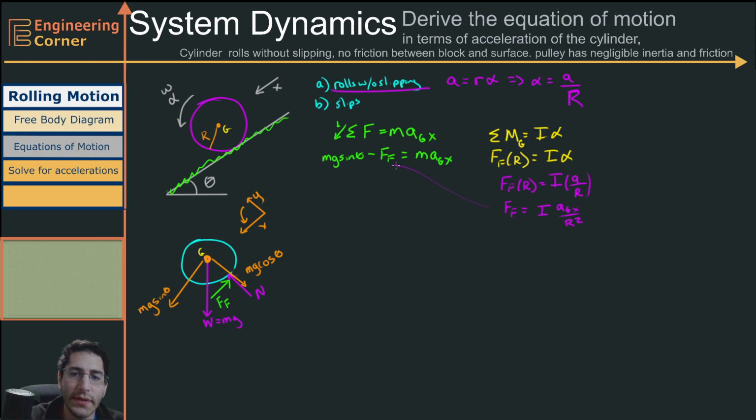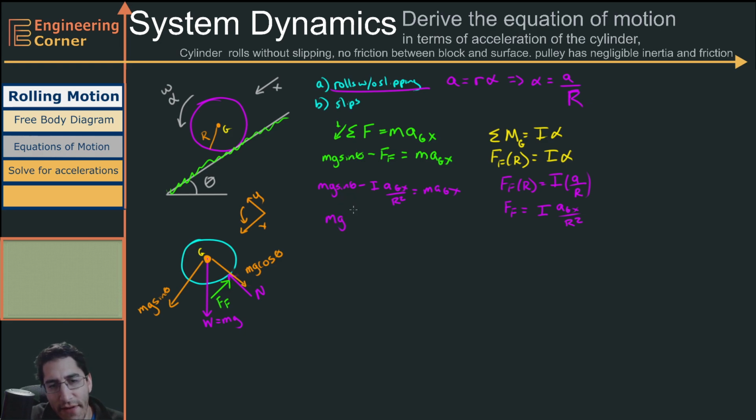Now we can substitute this back in here. When I do that, I get mg times the sine of theta minus I a_Gx over r squared is equal to m a_Gx. So let me rearrange this.